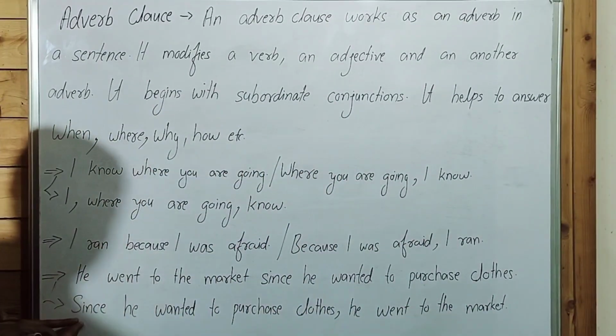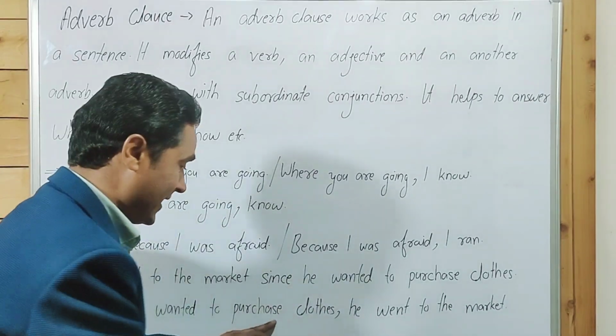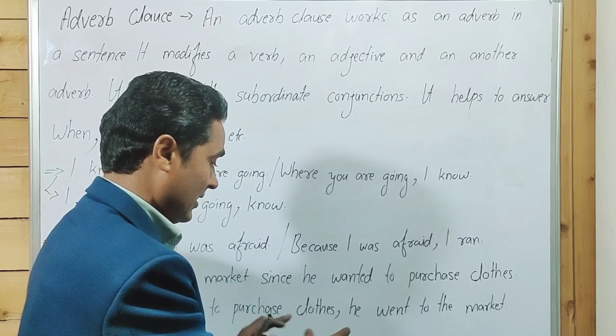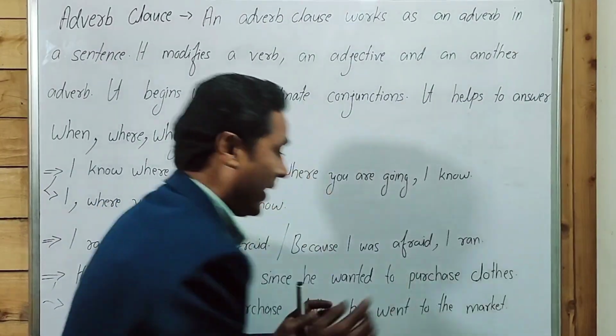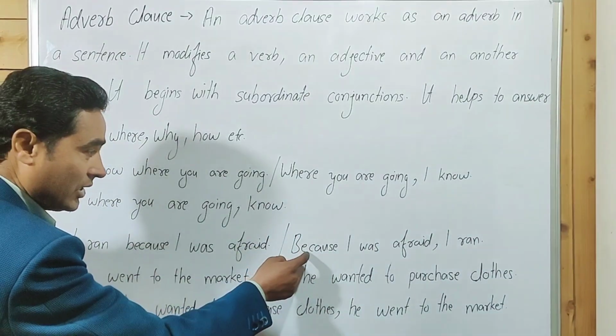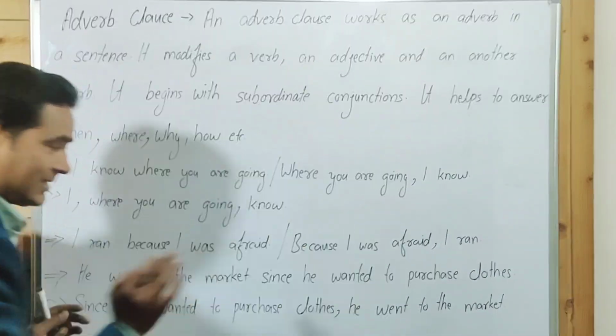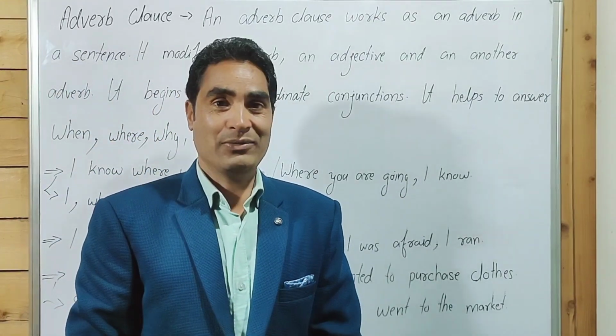This sentence can be written a second way: since he wanted to purchase clothes, he went to the market. What about a third way? These two sentences are homework for you.